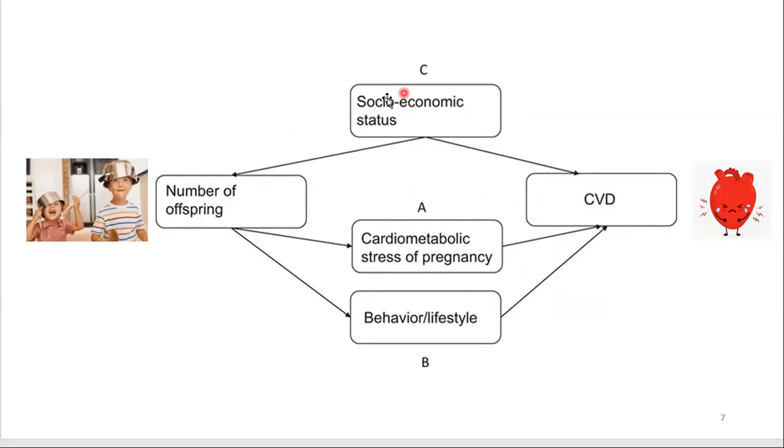For example, you have this variable here, C, socioeconomic status, that is a confounding variable because it causes both the Y variable and is associated with that X variable. And you have these other possible paths as well. So instead of having number of offspring directly related to CVD, it acts through some other variables, which in turn act on your Y variable. And such variables are called mediators.